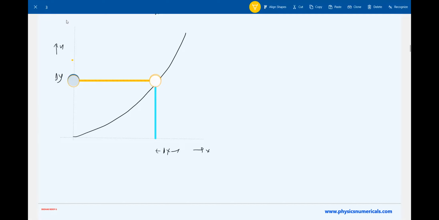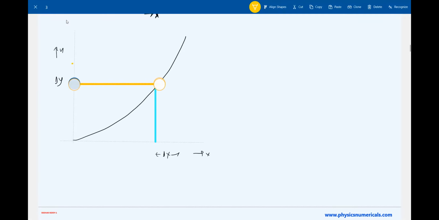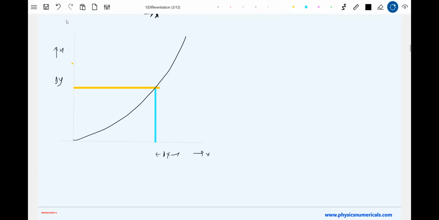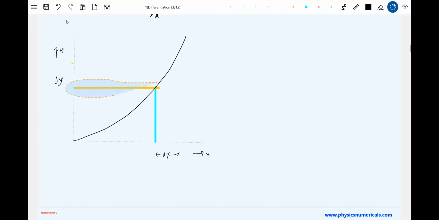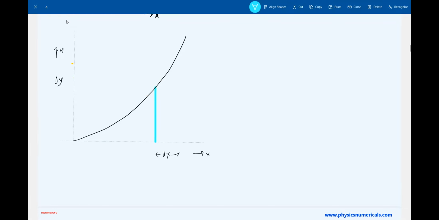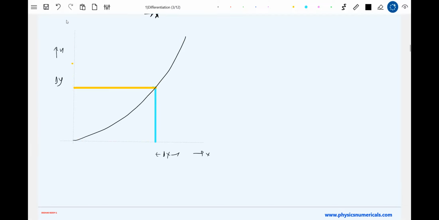The ratio of this dy by dx. So what is delta x? Delta x now has become so small, delta x is here.